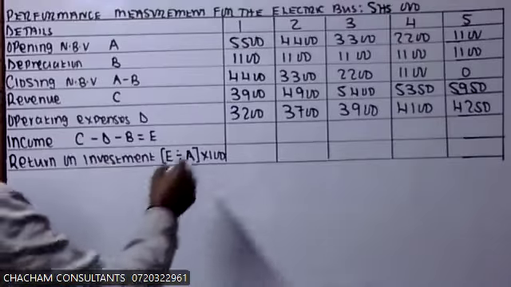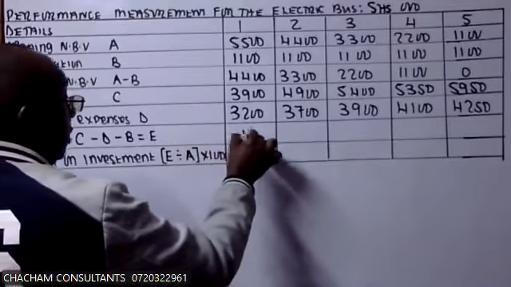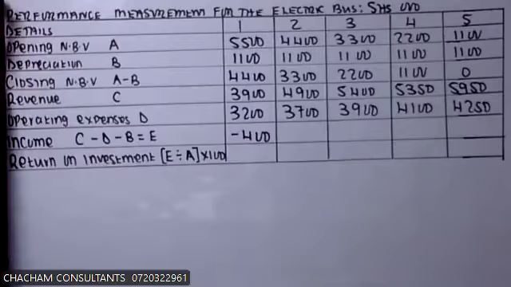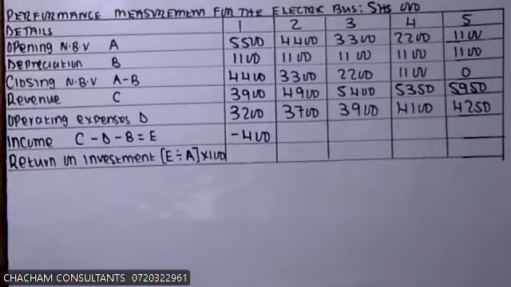Negative 400. Haya, next. Maureen, give viewers.